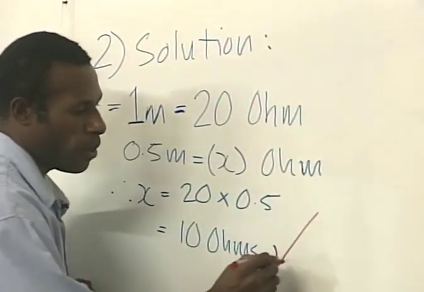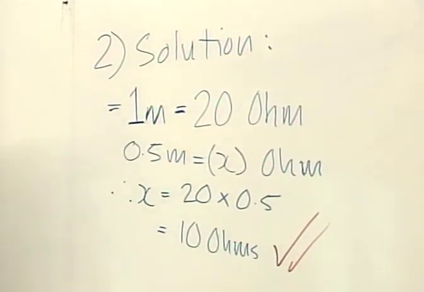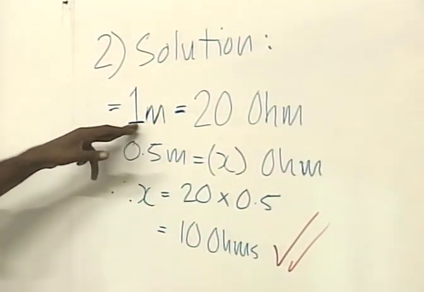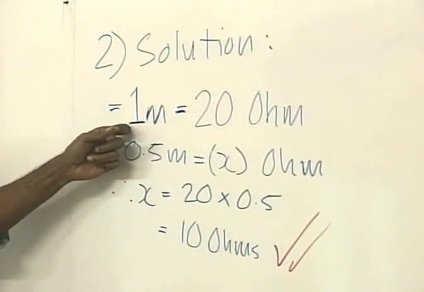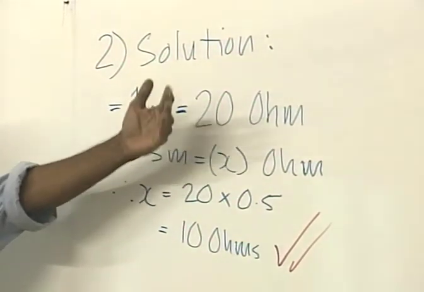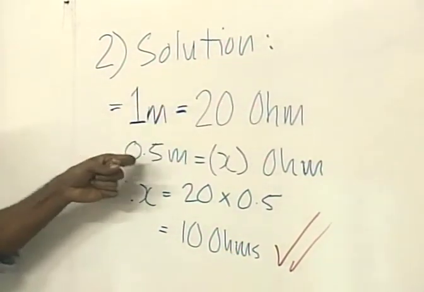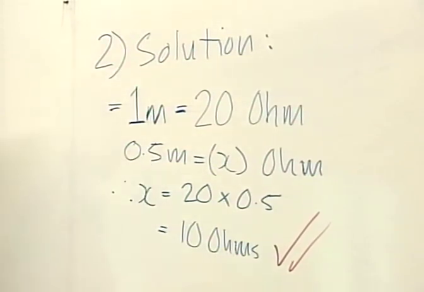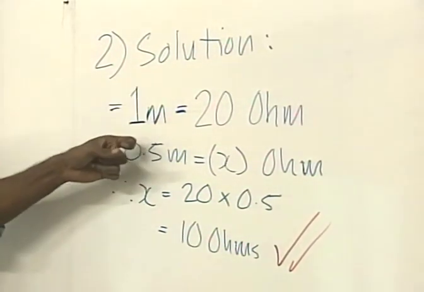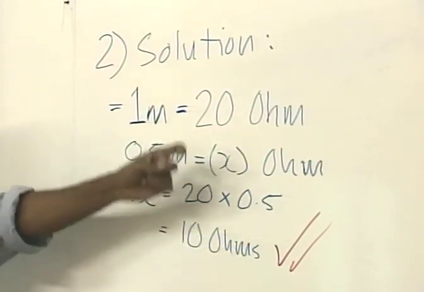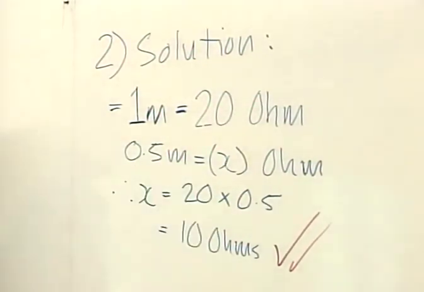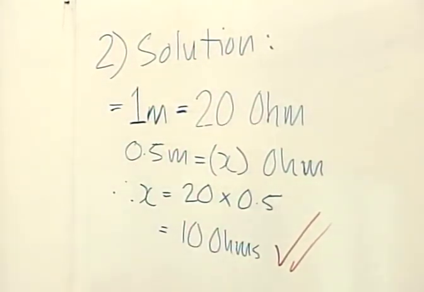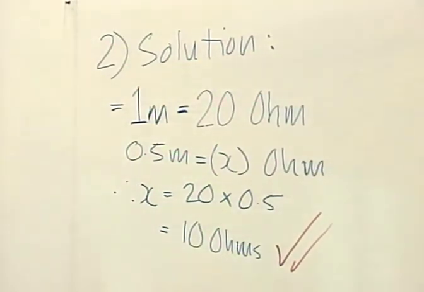If it is 1 meter, the length is quite large, which means resistance will also be large. Now if that is decreased to half, you have half of that 20, which is 10. So resistance is proportional to the length.